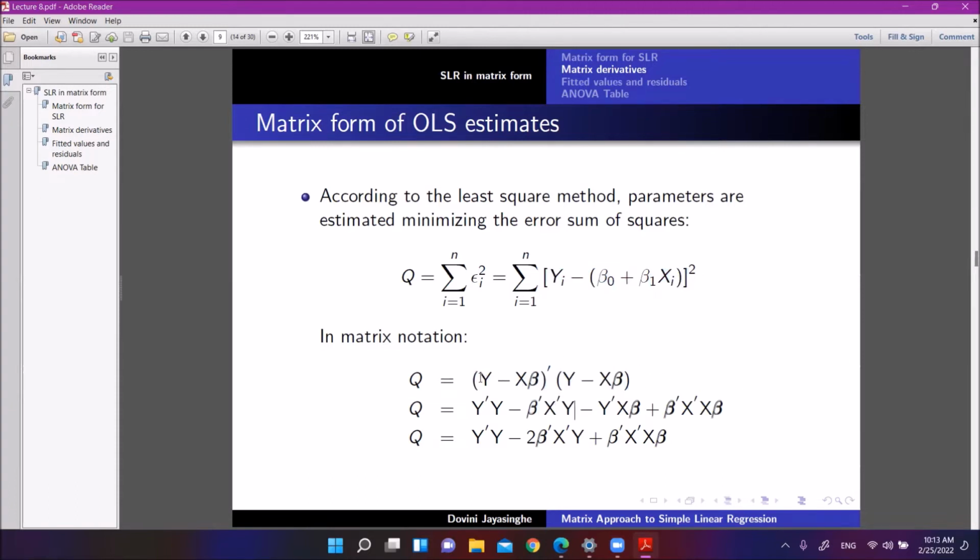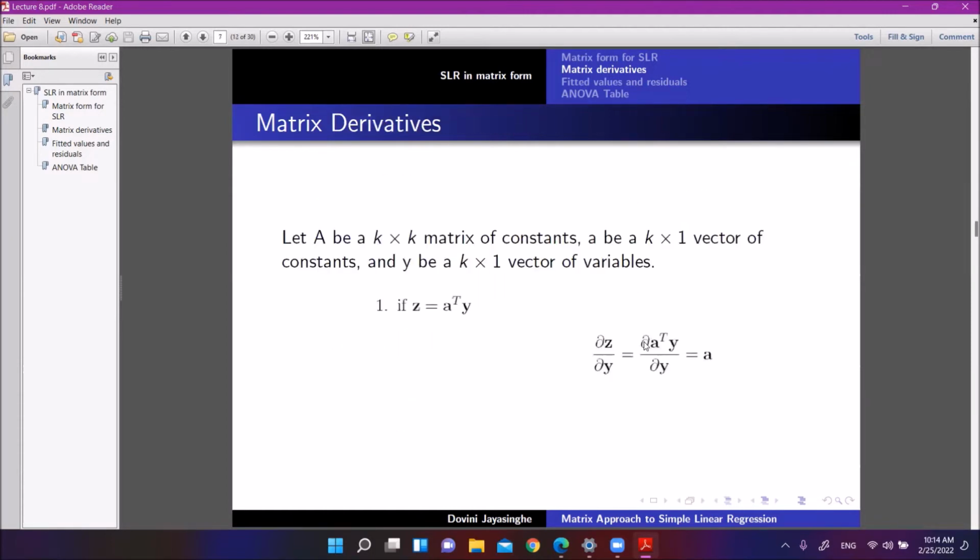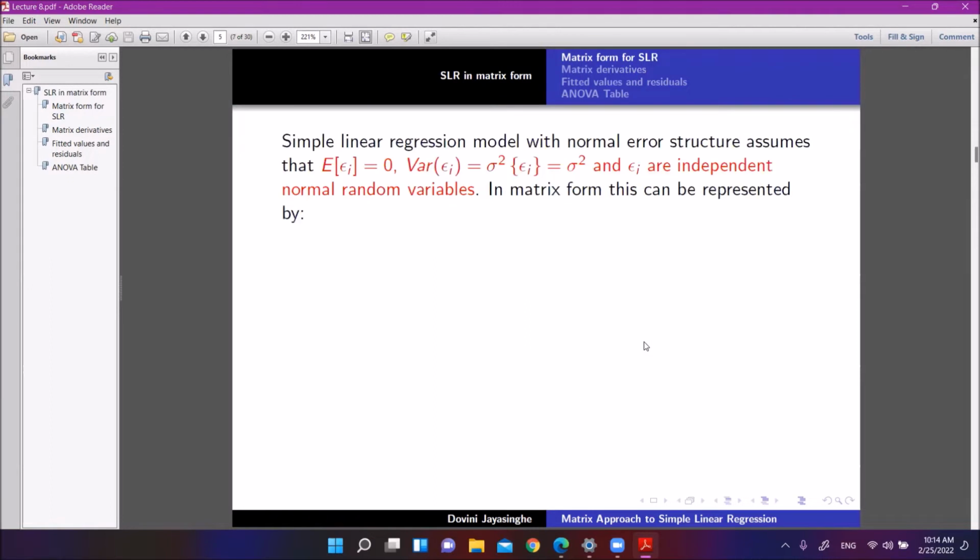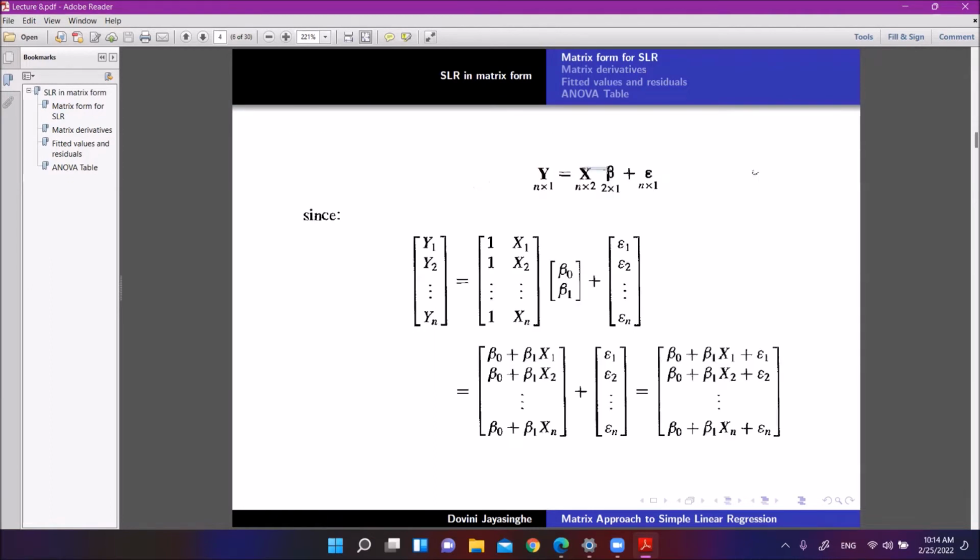So Y minus, this is a vector, this is a vector, this is a matrix. When you call these matrices, it's okay. So Y minus beta naught plus beta 1 x i is what? X beta. X beta is this one. Okay, that is understood.